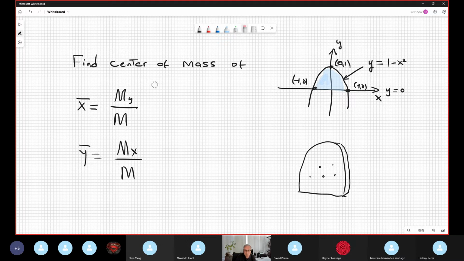The density function is given. Okay, the density function rho of x, y, I suppose is 1. So if it is 1, this is not center of mass, it's centroid.